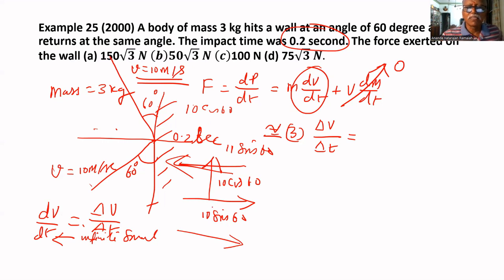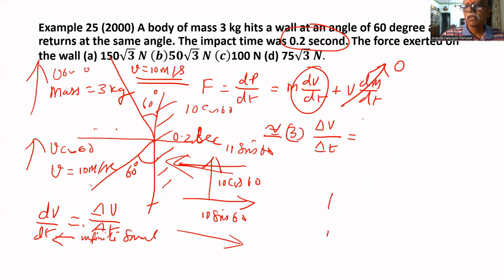So only the cos component is there. Both are in the same direction. Here the cos component is upward, V cos 60. Here also it is upward, V cos 60. That's why these two get cancelled, because delta V means change in velocity.